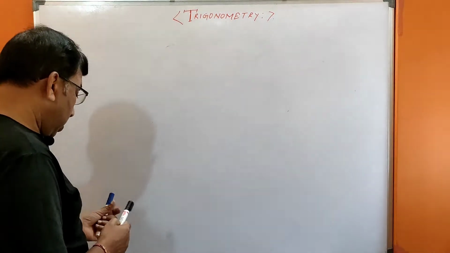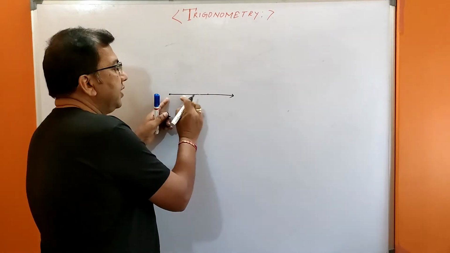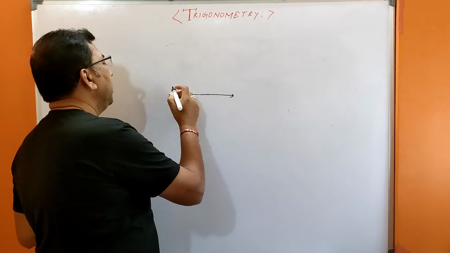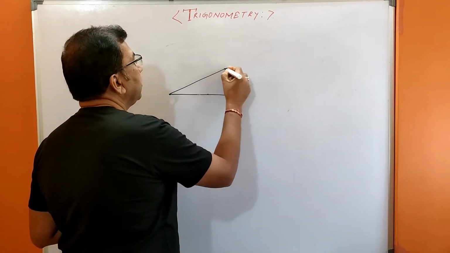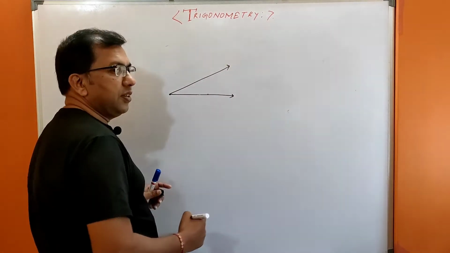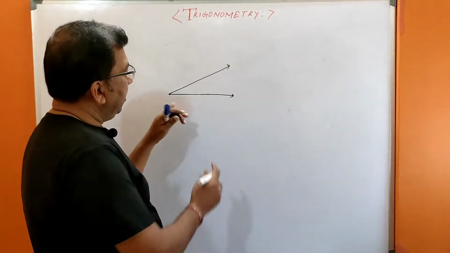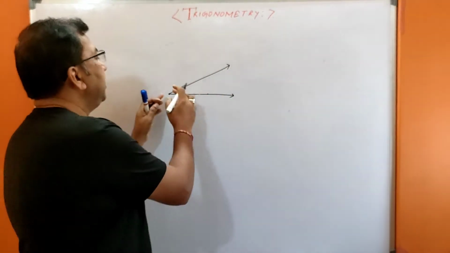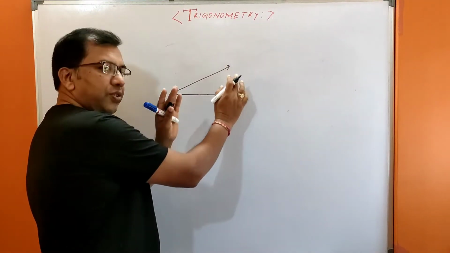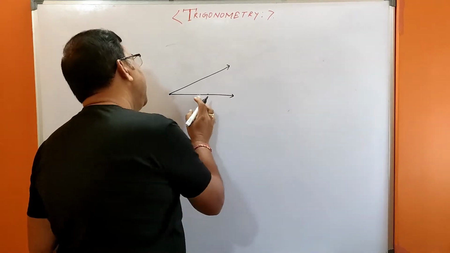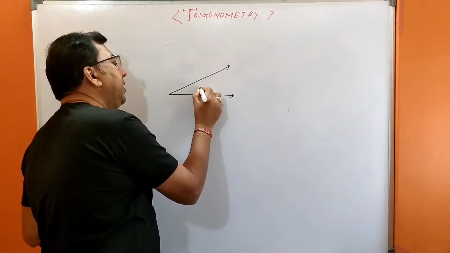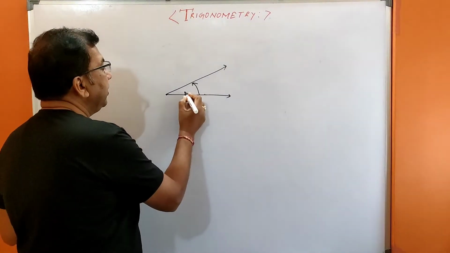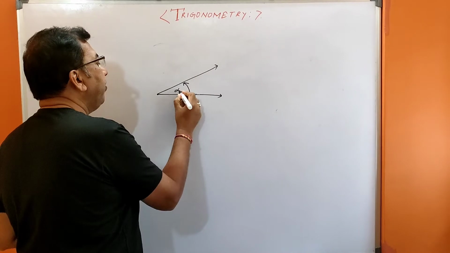See, an example. This is the initial position, the initial ray. It rotates anti-clockwise, and this is the terminal position. This ray rotates anti-clockwise and forms an angle, alpha or theta, whatever you think, alpha.